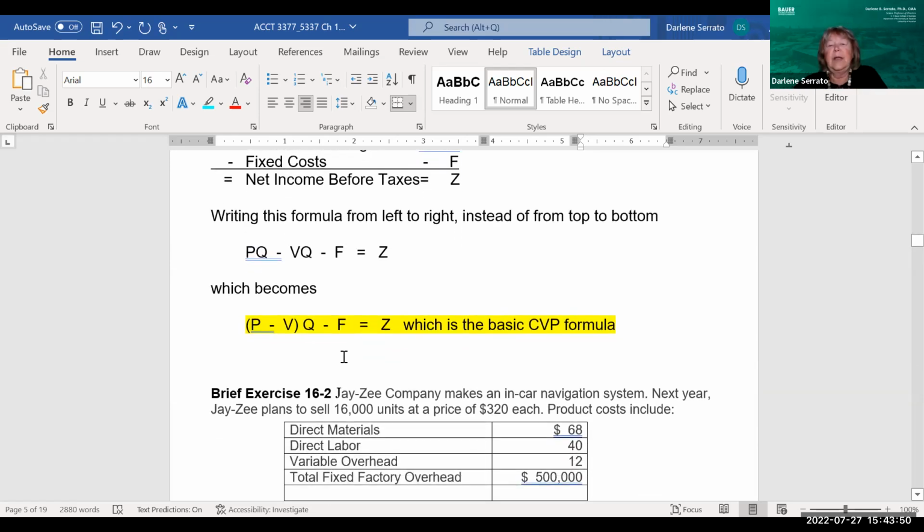So this is what I refer to as the basic CVP formula. You can use this formula to solve 90 to 95% of the problems. This basic CVP formula.